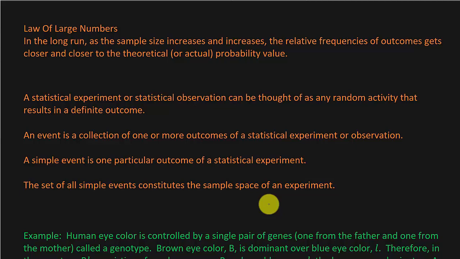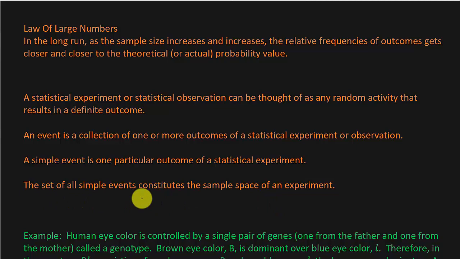All right, so an event, that's like, let's say that you roll a die, okay, a single die. You got dice, 2 dice, 1 die. So what are all the possible outcomes that I could get?